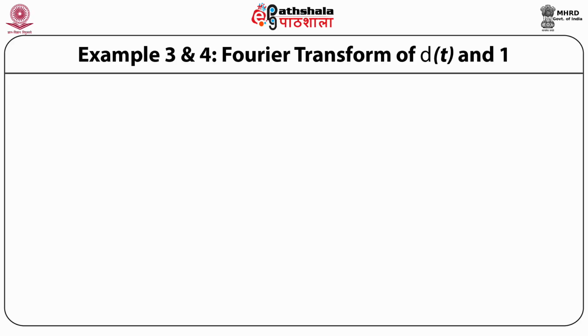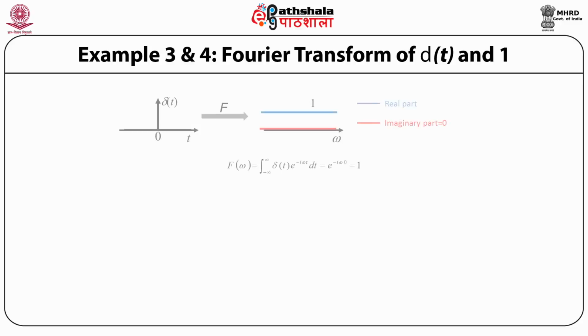The Fourier transform of delta of t and just a constant function 1. The first one is delta of t. What is delta of t? The Dirac delta of t is a sharp function which exists only at one point, and its value is 0 elsewhere. When you take a Fourier transform, the imaginary part will be 0, and the real part is going to be just 1.